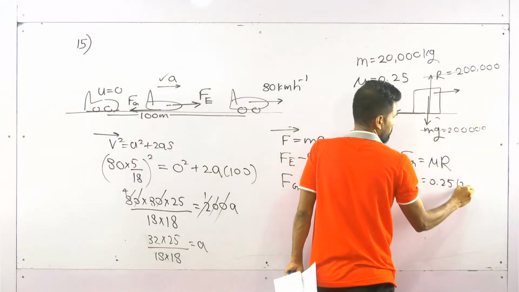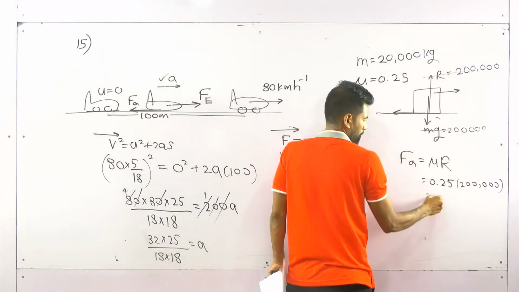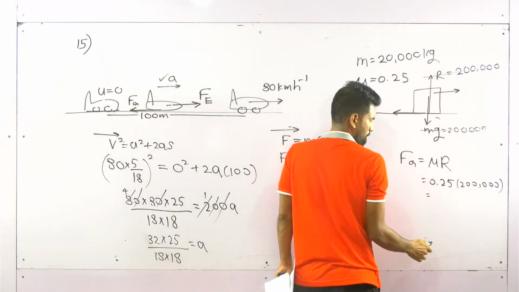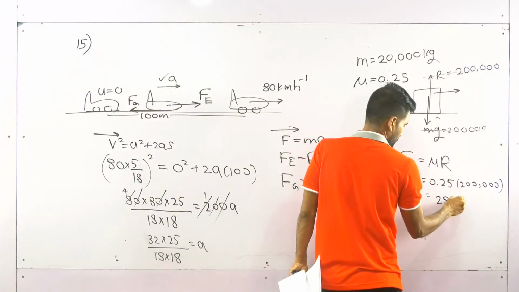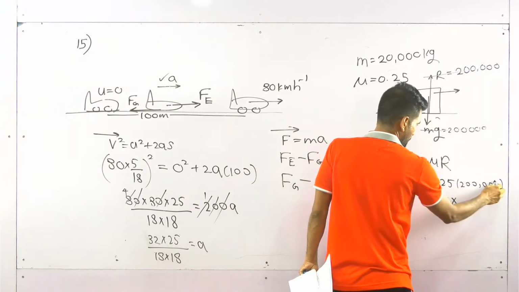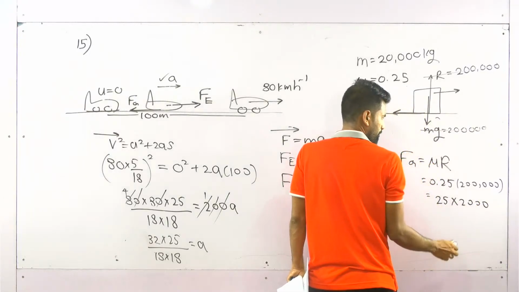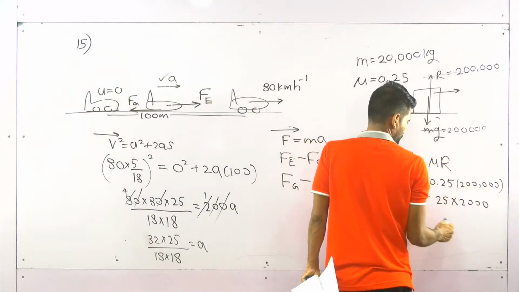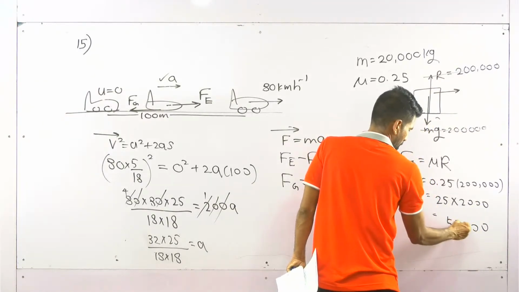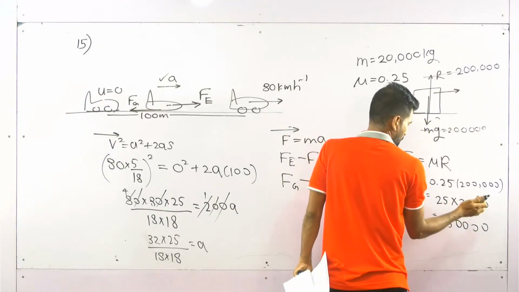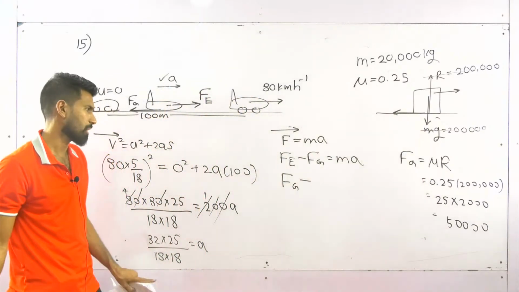So R is also 200,000, and mu R is 0.25 into 200,000, 25 multiplied by 2000, 50,000 newtons. Friction is equal to 50,000.